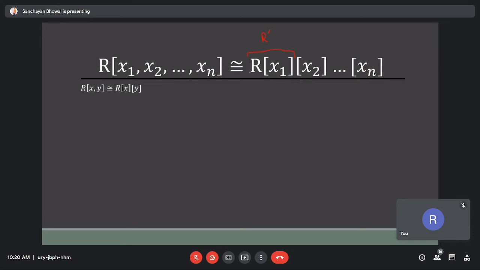This is written like this because you can consider the coefficient of x1 as an element of a ring of these variables. So these two are isomorphic. And why is that? We'll start with R x comma y is isomorphic to R x y, and then we'll use induction to prove this.